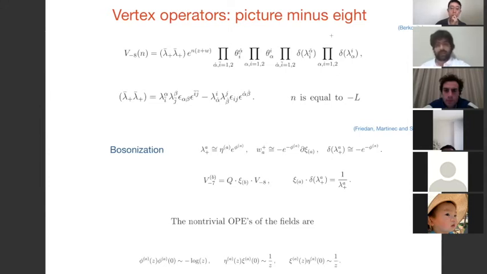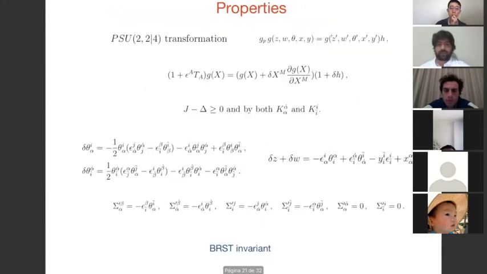And it's important to ask what the properties of the vertex are. First, we can compute the PSU(2,2|4) transformations of the worldsheet variables. We have this formula: you act with any generators from the left and get the transformations of the worldsheet variables, and there is some compensating gauge transformation that will rotate the lambdas.